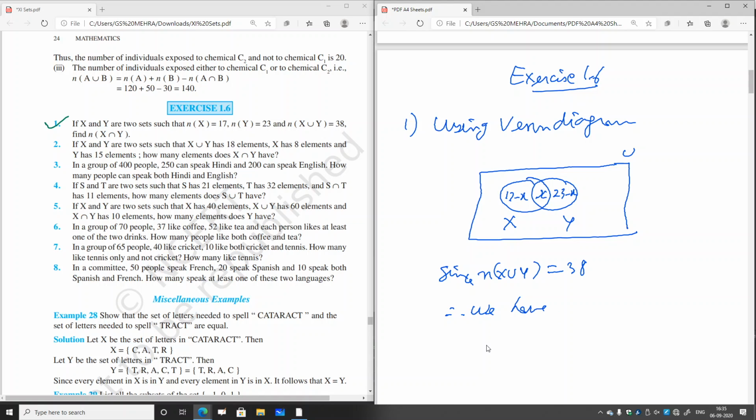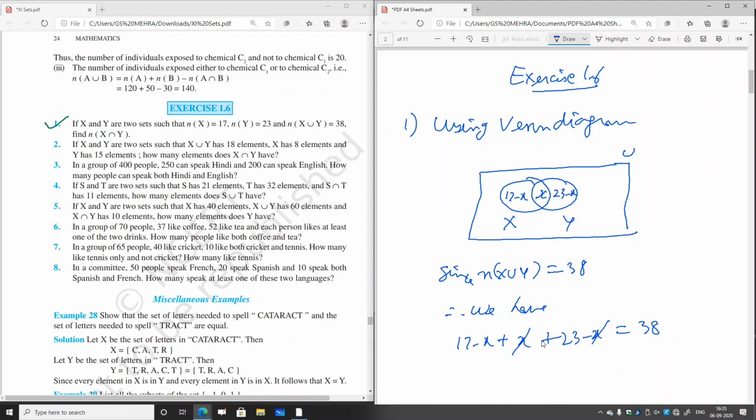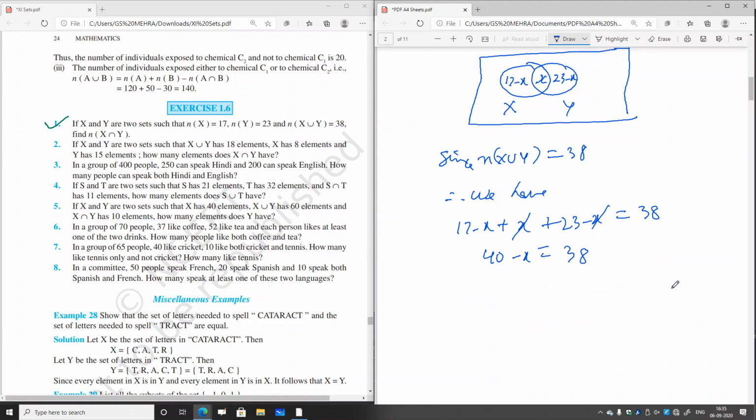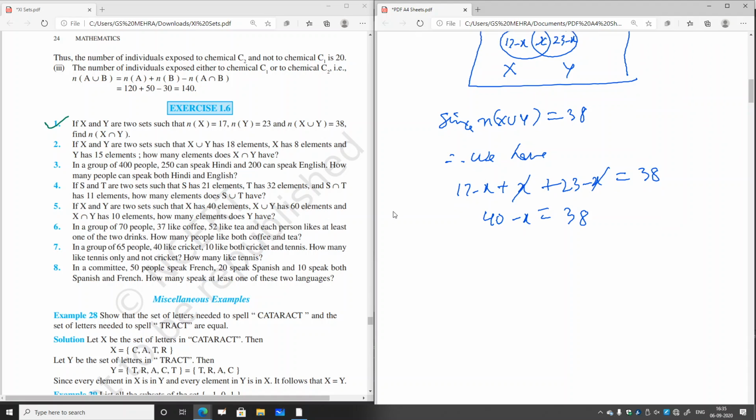From the Venn diagram we have 17 minus x plus 23 minus x equal to 38. So plus x minus x cancel out, and we get 17 plus 23, that is 40 minus x, equal to 38. So this gives us x equal to 40 minus 38. Therefore x equal to 2.